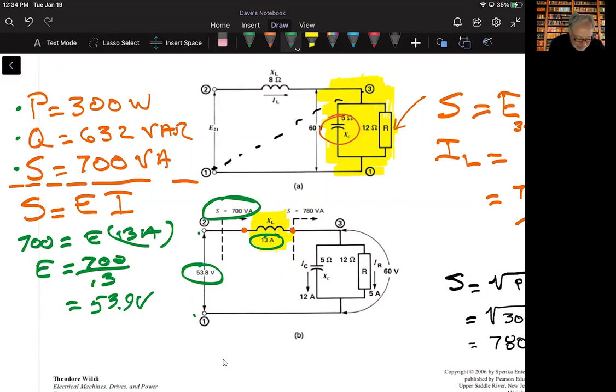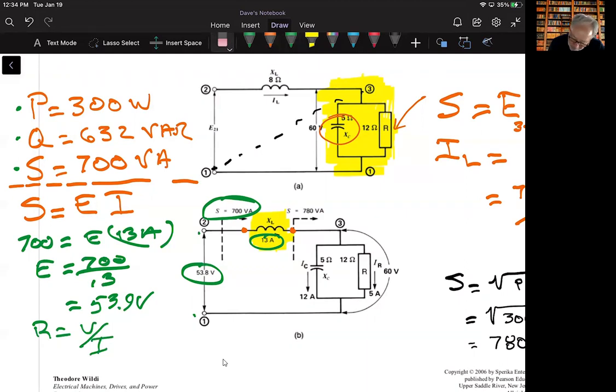And then the last thing that I can do is determine the impedance between these two terminals. And that's an Ohm's law relationship that I can calculate if I were thinking in terms of resistance. That would be voltage divided by current, right?